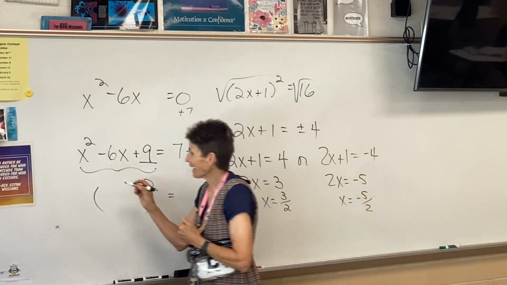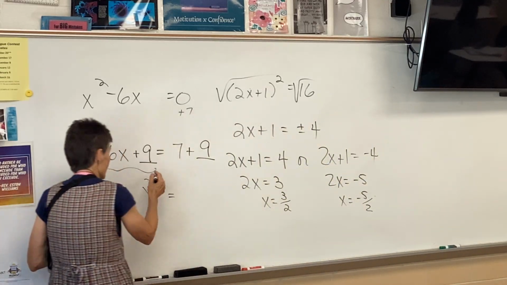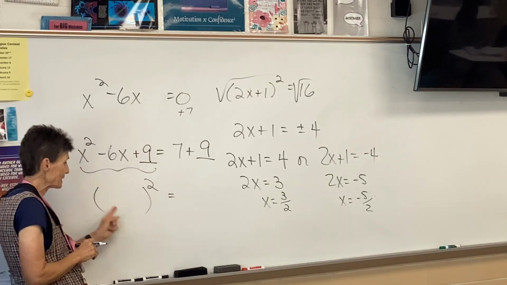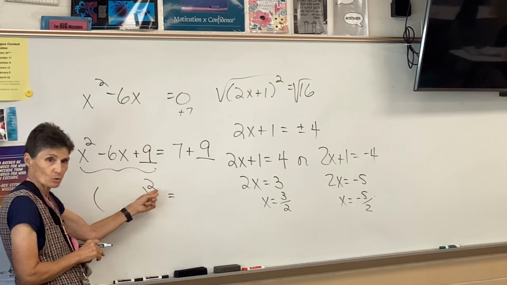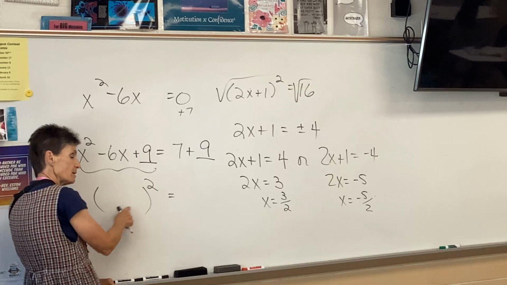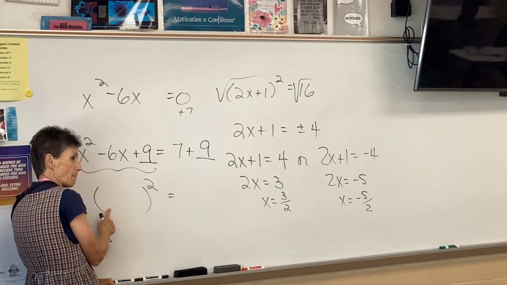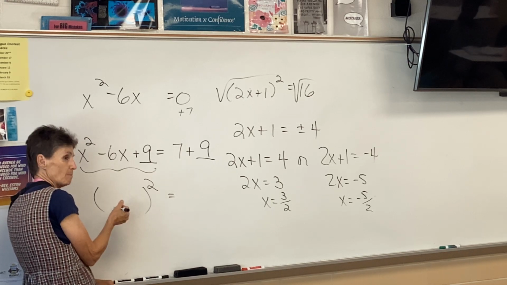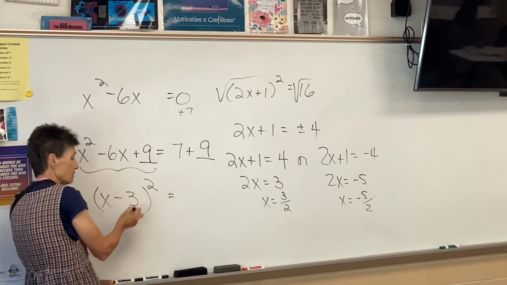So we're gonna factor this, but the two factors are gonna be the same, so I'm just gonna write it as the factor squared. Anybody have any idea what goes in here? Just take a wild guess. Yeah, and they're the same. It's just x minus 3.